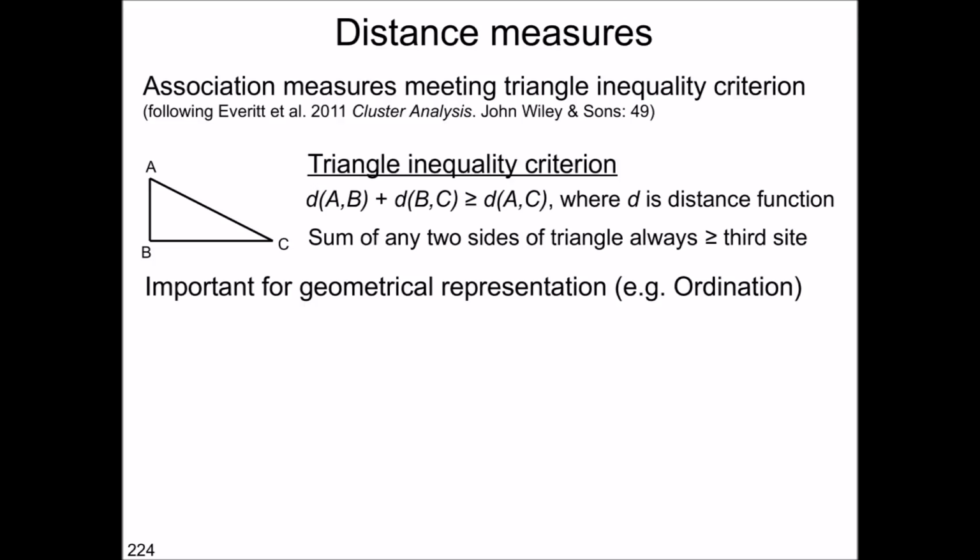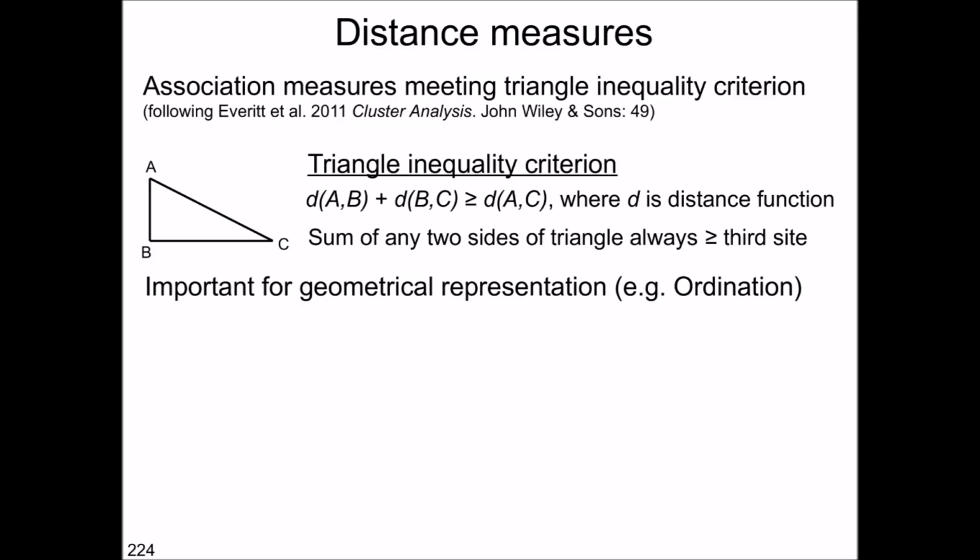They can be transformed into each other, obviously, and it is of interest because distance measures can be used for graphical representation. For example, that's what you want to do in ordination, and the triangle inequality criterion means, if you look at this triangle, that the distance between A and B plus the distance between B and C should be larger than the distance between A and C.